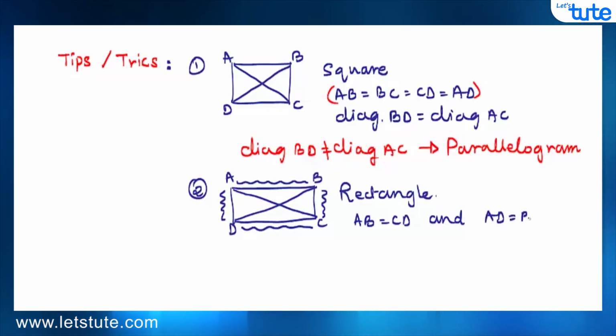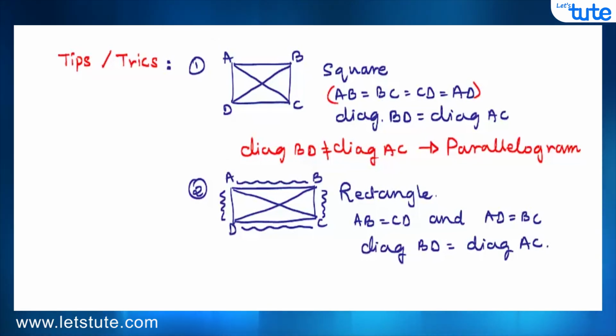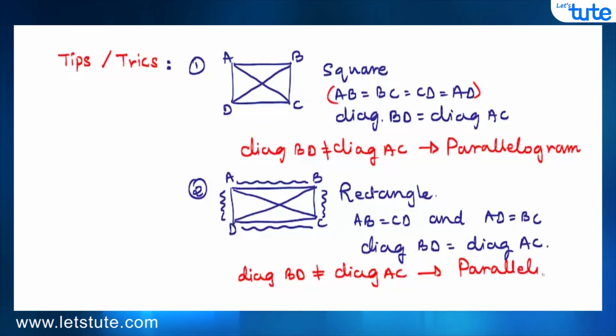And even the diagonals will be equal. Diagonal BD will be equal to diagonal AC. Now even here, what if the diagonals are not equal? If diagonal BD is not equal to diagonal AC, then that will be a parallelogram.